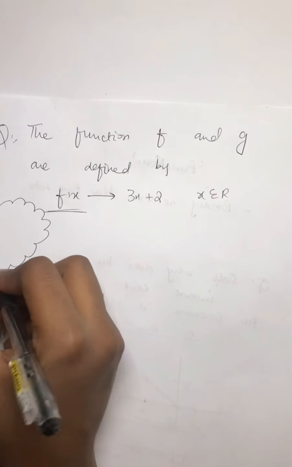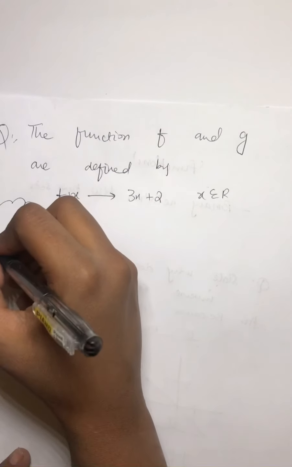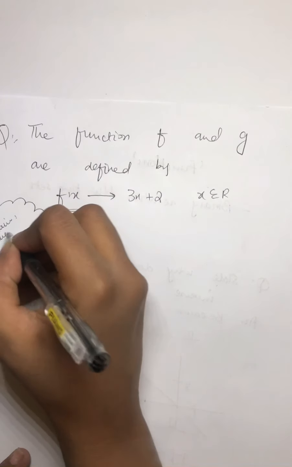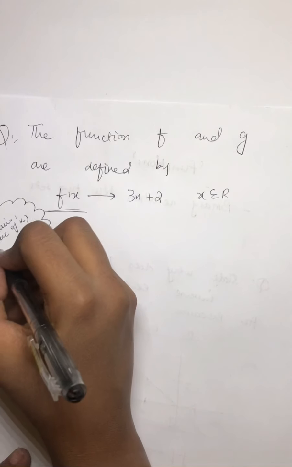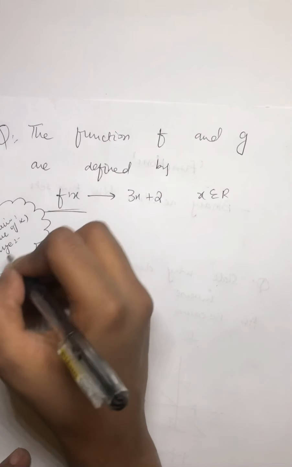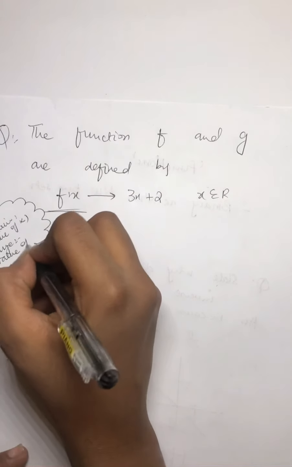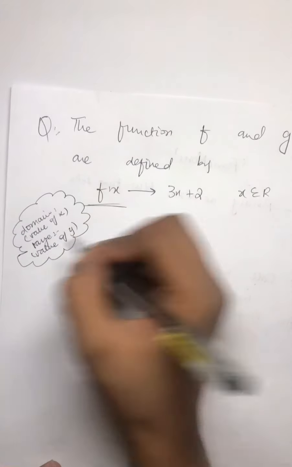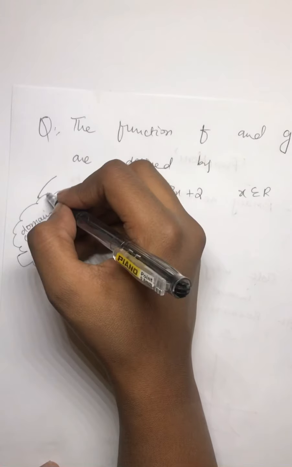This is an important thing. Domain is the value of x, whereas range is the value of y. This is a key point.